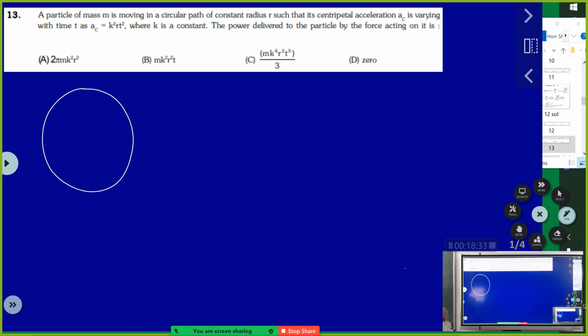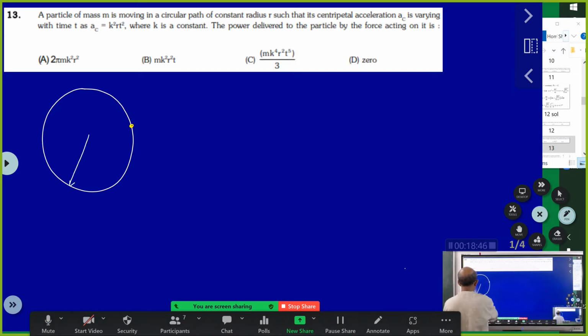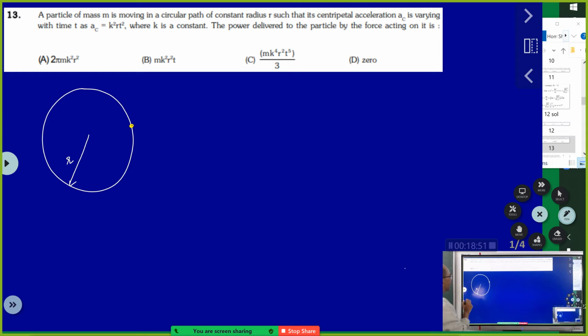A particle of mass m is moving in a circular path of radius r, such that the centripetal acceleration AC is varying as k square r t square.